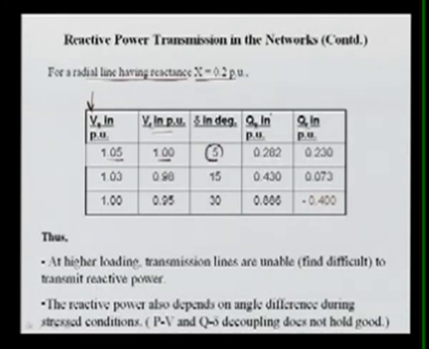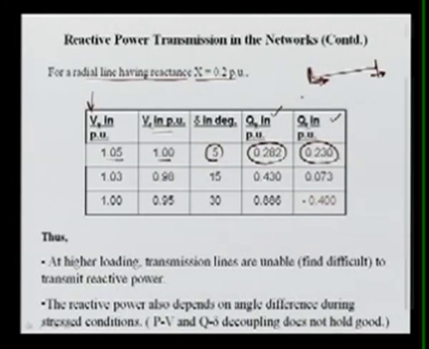We calculated QS and QR, and we found that QS is 0.28 and QR is 2.38. It shows that your system is lightly loaded, Vs is more than Vr, and more reactive power is flowing from the sending bus while less reactive power is going out at the other end. It shows that the line is consuming some reactive power inside.